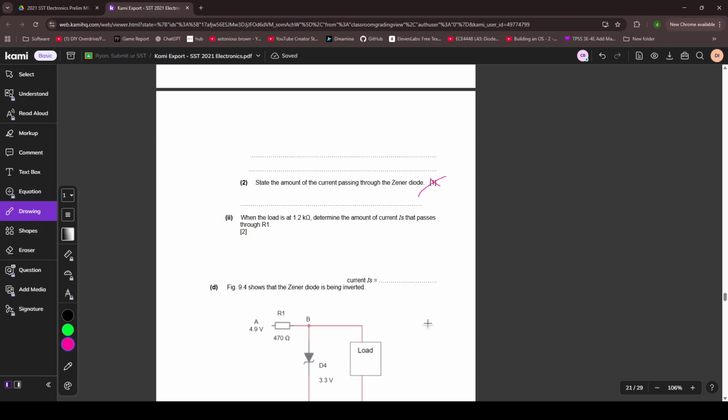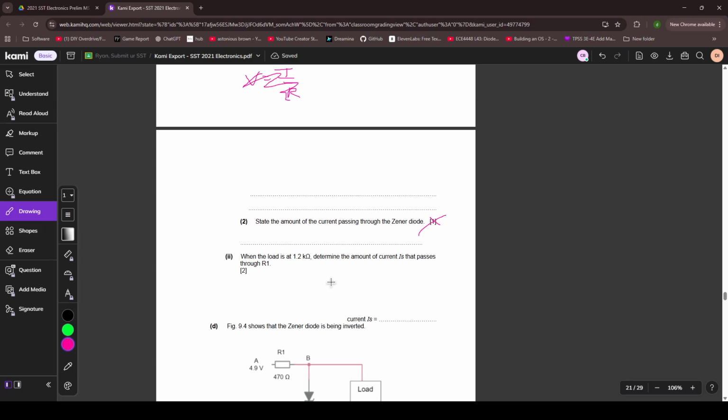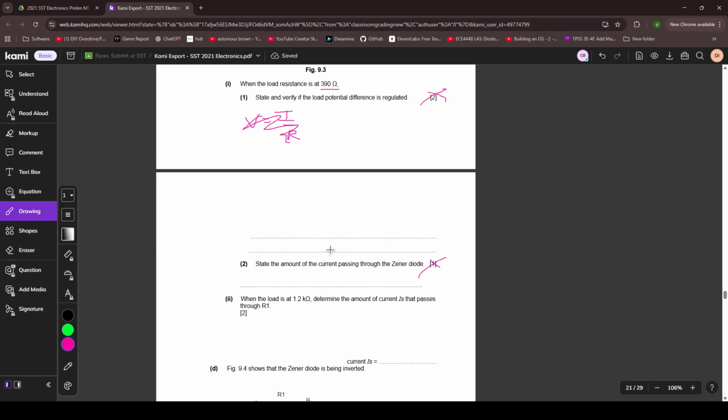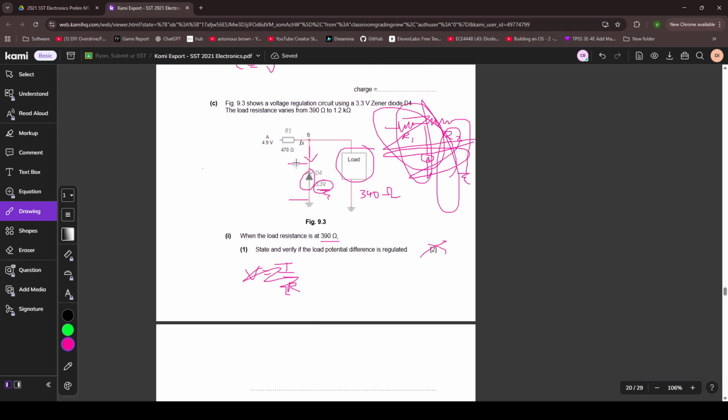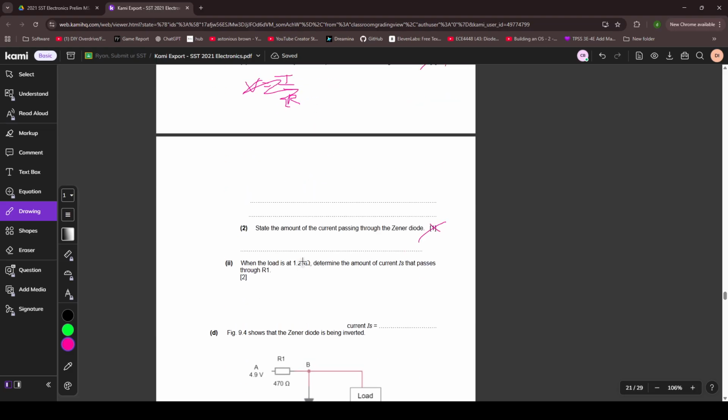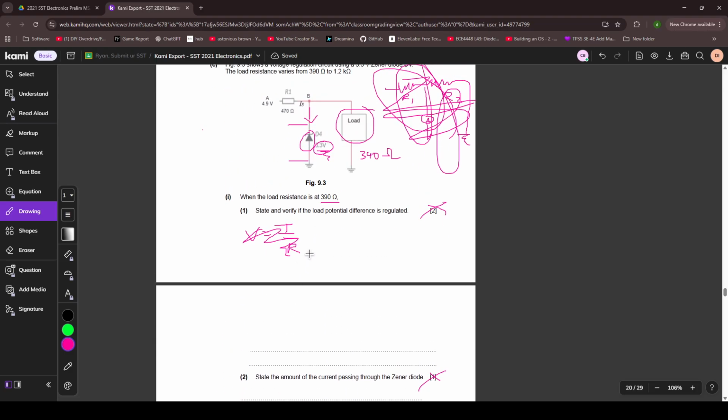When the load is 1.2 kilo ohms, determine the amount of current that passes through R1. When the load is that, I guess we can find it.